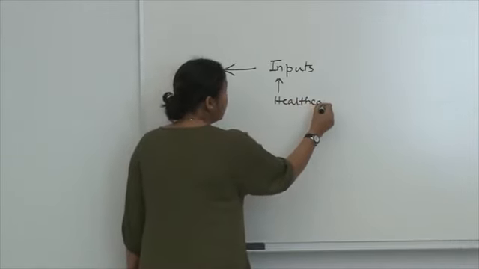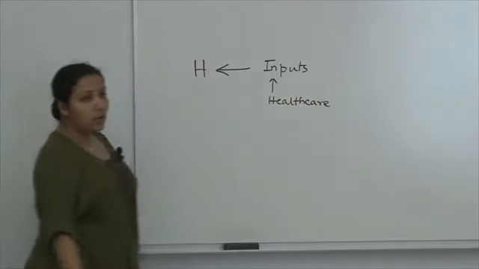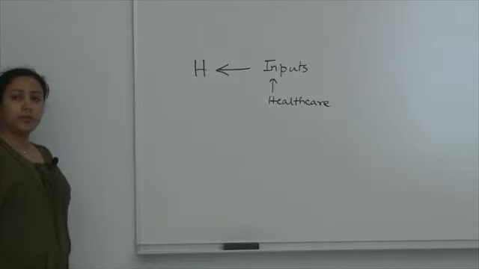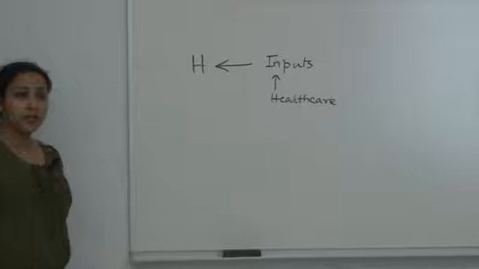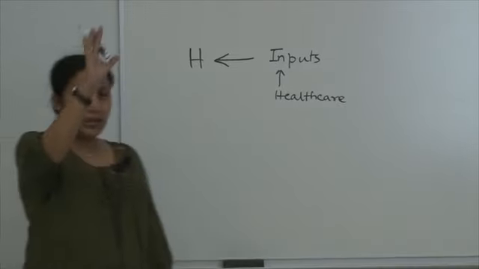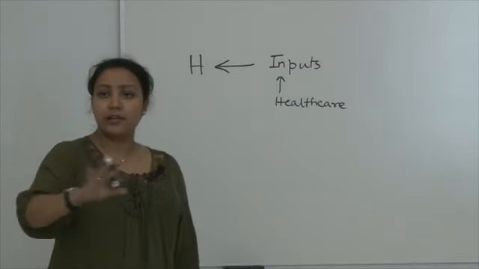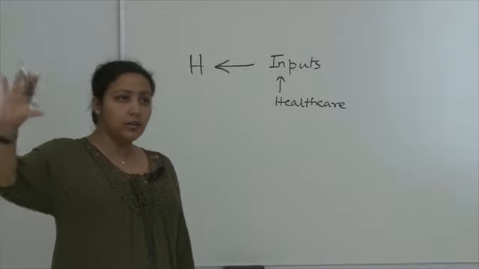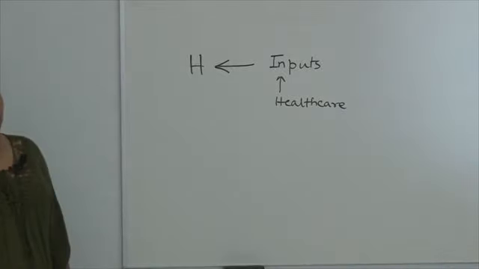If you look at lecture note 5, on page 2 I guess, there is a diagrammatic representation which shows inputs, and then the stock of health, and then the output. There is a diagram which tells you the linkage.